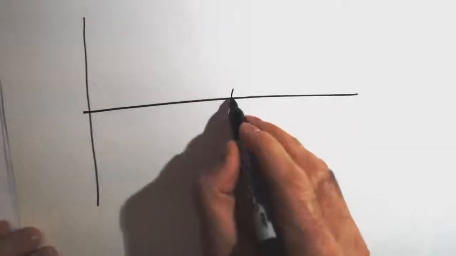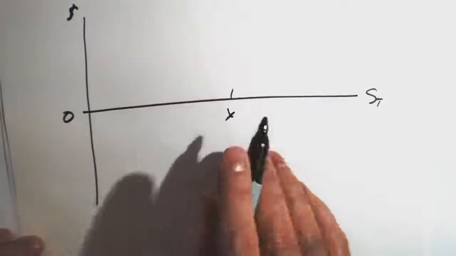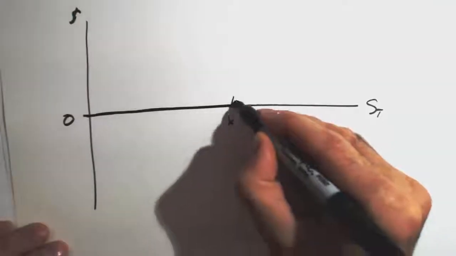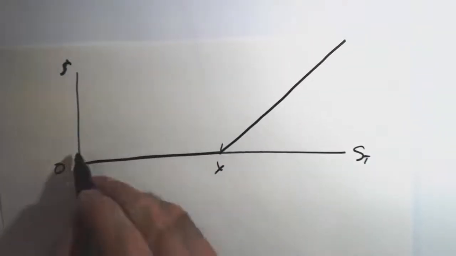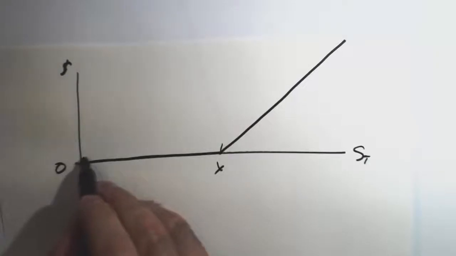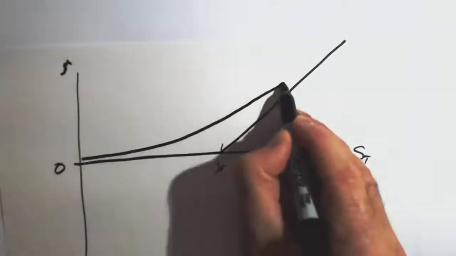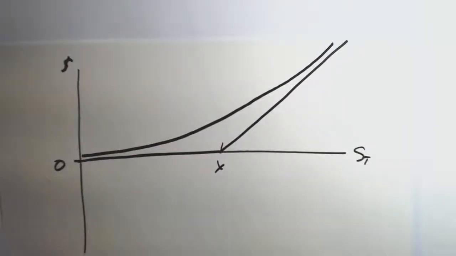Option pricing profile is this. Remember, we had the lower bound at expiration looked like that for a long call. And then we had a call option that kind of looked like this. The actual call value.